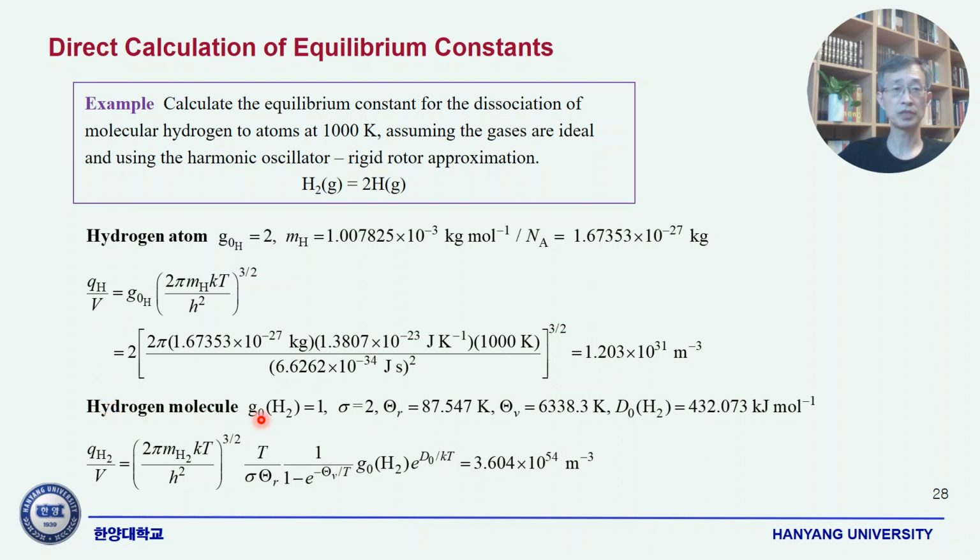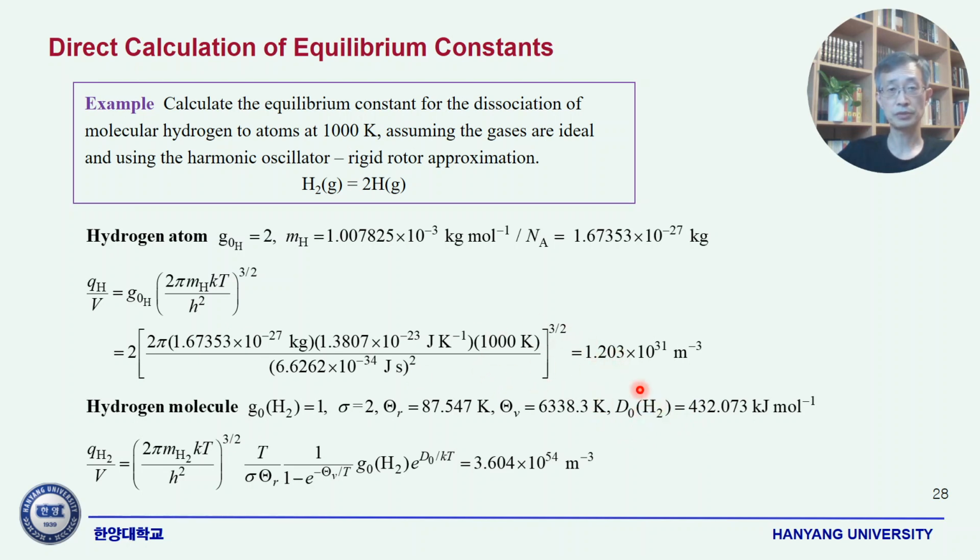And the hydrogen molecule case, in which the ground state has two electrons paired, so singlet, and then for rotational, sigma is 2, and then the rotational characteristic temperature, the vibrational characteristic temperature, and then the hydrogen, well, actually the dissociation energy.